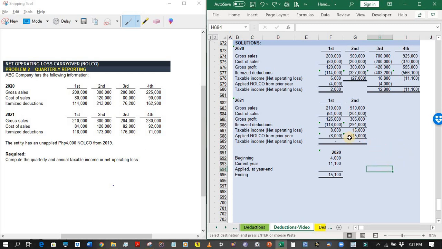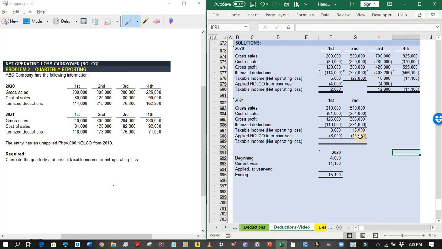So if the 15,000 NOLCO applied here in the second quarter includes the 8,000 NOLCO applied in the first quarter, we added 7,000 pesos NOLCO applied during the second quarter. Because again, after deducting the 8,000 NOLCO in the first quarter from 15,100, we have a balance of 7,100.